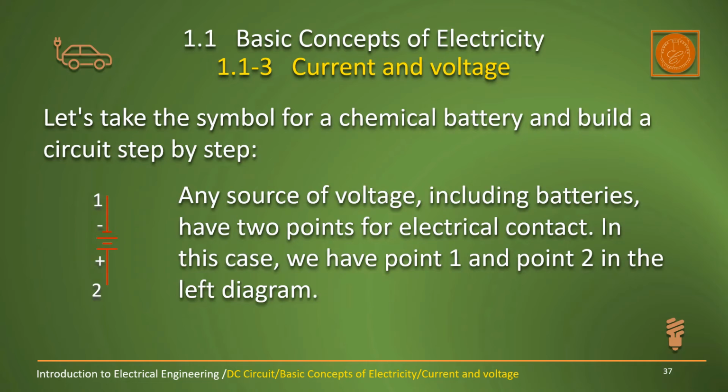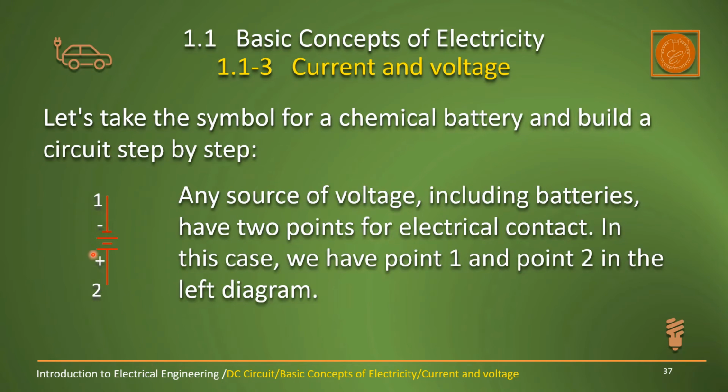Let's take the example of a chemical battery and build a circuit step by step. Any source of voltage, including batteries, has two points for electrical contact. In this case, we have point 1 and point 2 in the left diagram. This is point 1, this is point 2.